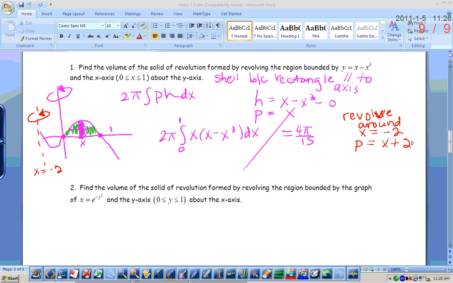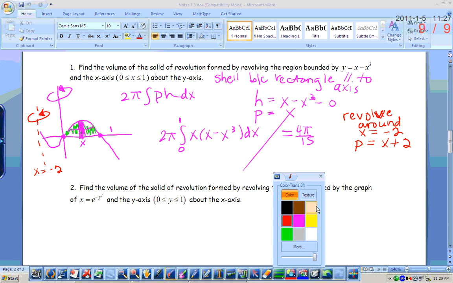Remember that when we were going over that quiz, I said always, anytime you're trying to find a distance, you either do top minus bottom or right minus left. So if I do right minus left, the right side is x and the left side is negative 2. So x minus a negative 2 would be x plus 2. Okay, let's do one more.